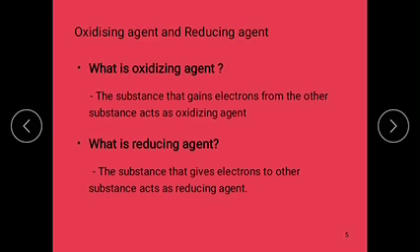Here we have learnt about the oxidizing agent and reducing agent. An oxidizing agent is the substance that gains electrons from another substance. A reducing agent is the substance which gives electrons to another substance.